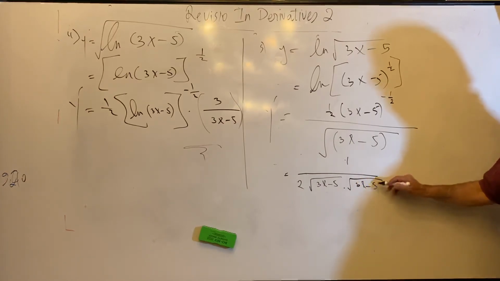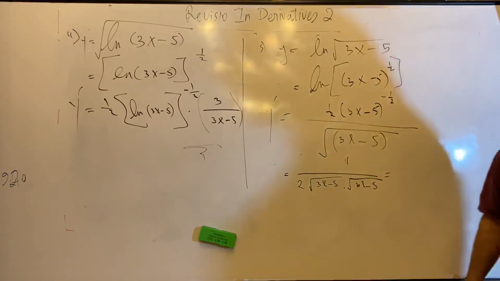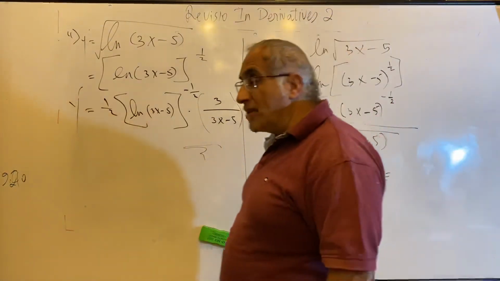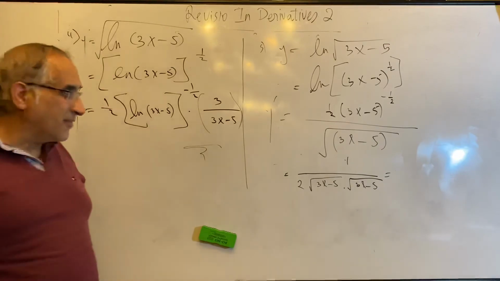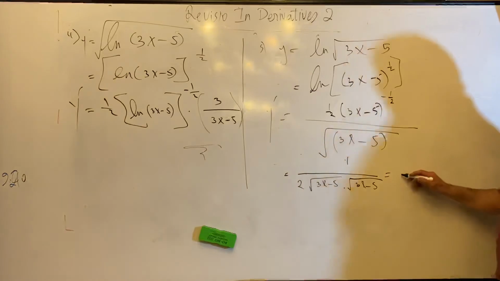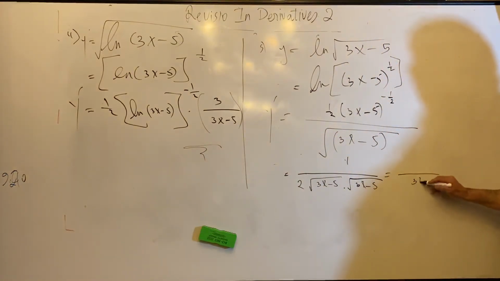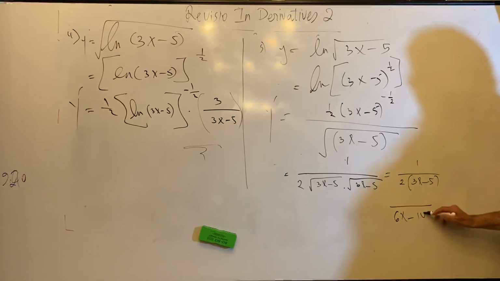And guess what? These are the same. Square root of 2 times square root of 2 is 2. Square root of x times square root of x is x. Square root of flower times square root of flower is flower. So the square root of 3x minus 5 times the square root of 3x minus 5 is actually what? 3x minus 5. You can times it by 2, or you can leave it like 6x minus 10.